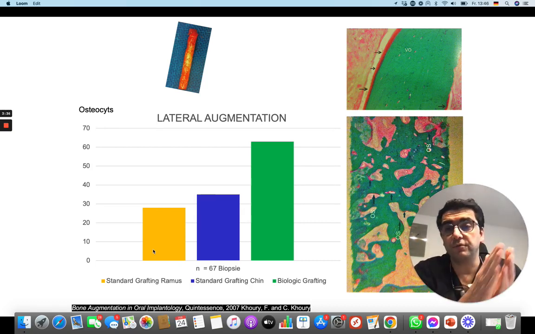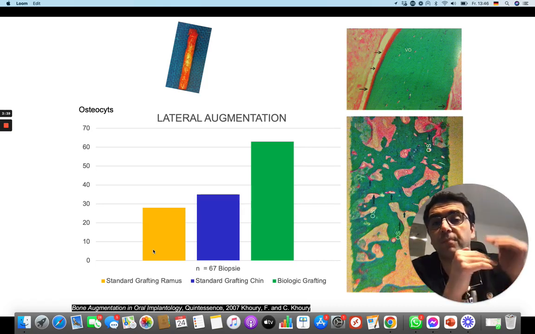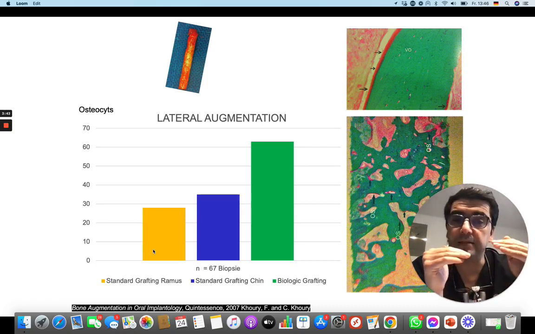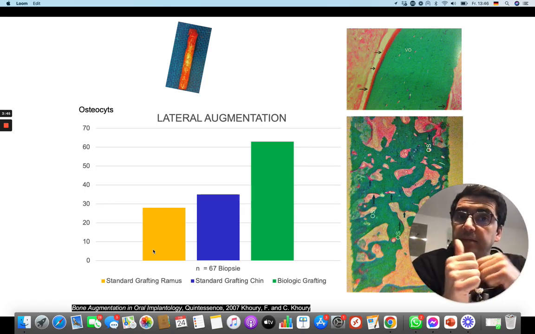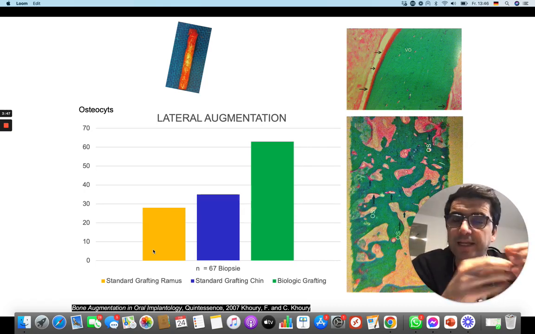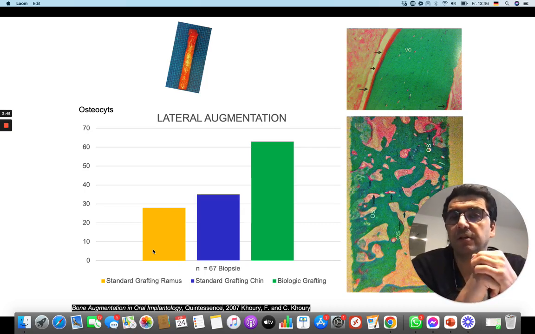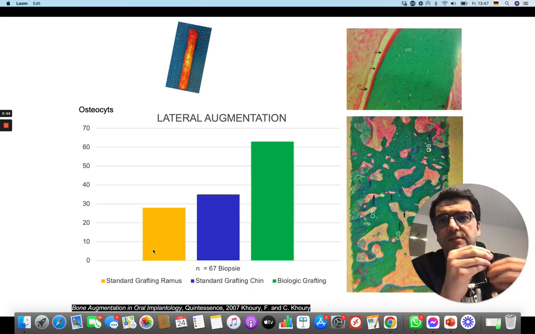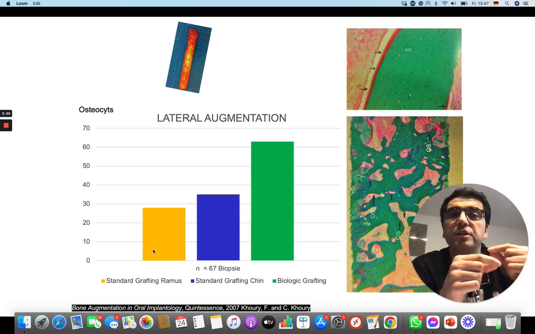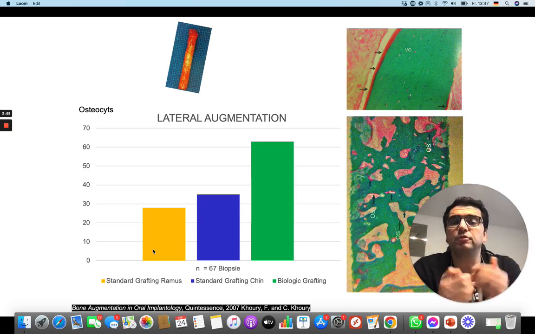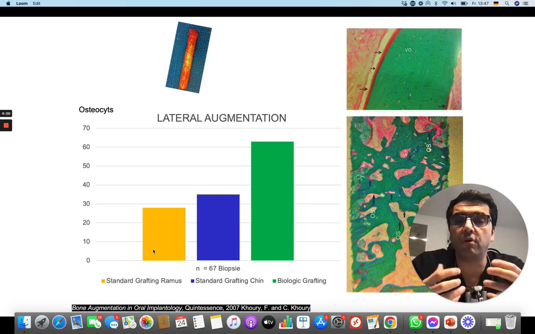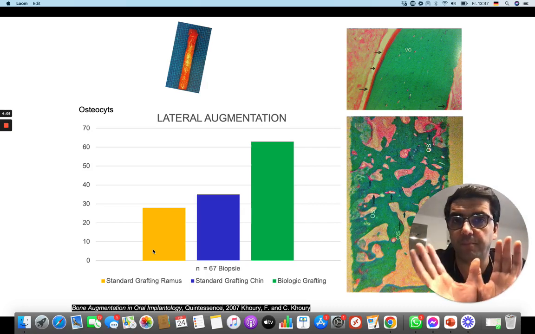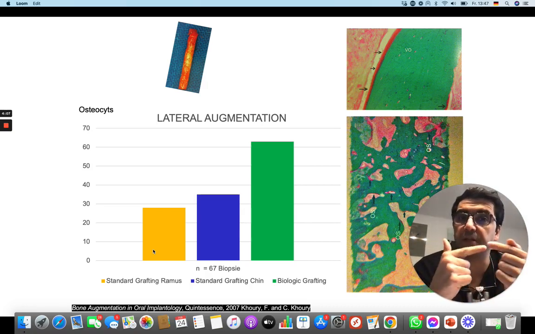Meaning if you have 25% compared to 60%, you will see there are more vital cells, more red, more regeneration. And this is the power of the Khoury concept, because we increase the vital cells, osteoblasts, osteocytes, which are able to regenerate more and better, and also have protection against resorption and infection.